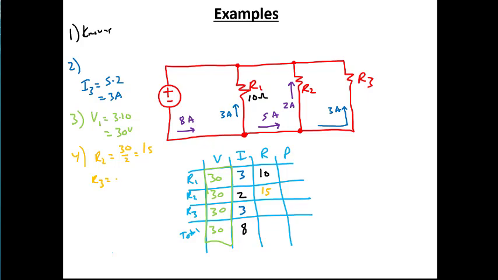R3 is going to be 30 divided by 3. So that's also going to be a 10 ohm resistor. And then our total is V total divided by I total. So that's 30 divided by 8. And that's going to be 3.75.